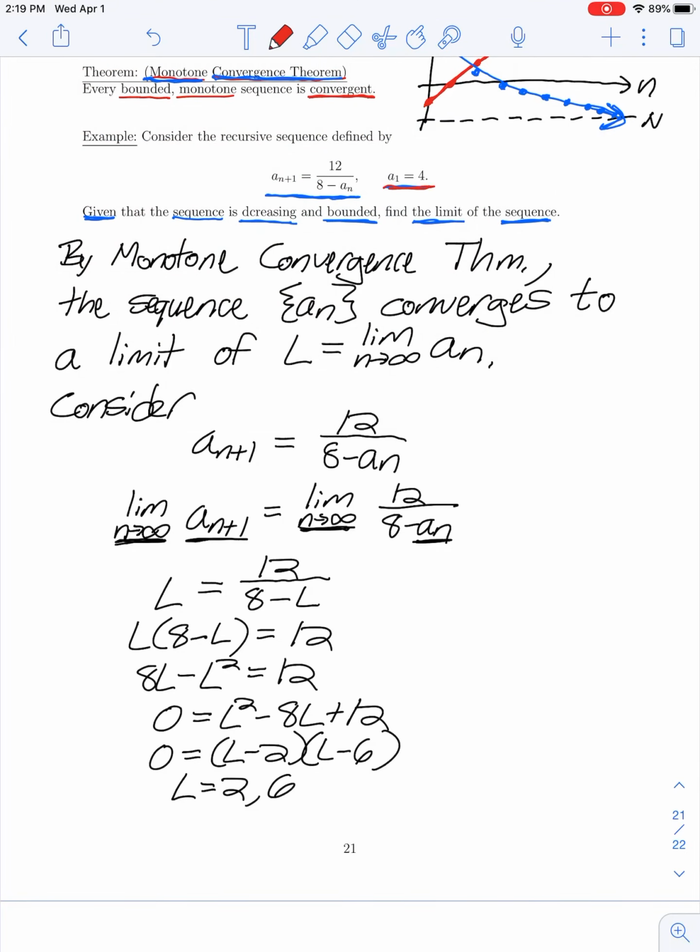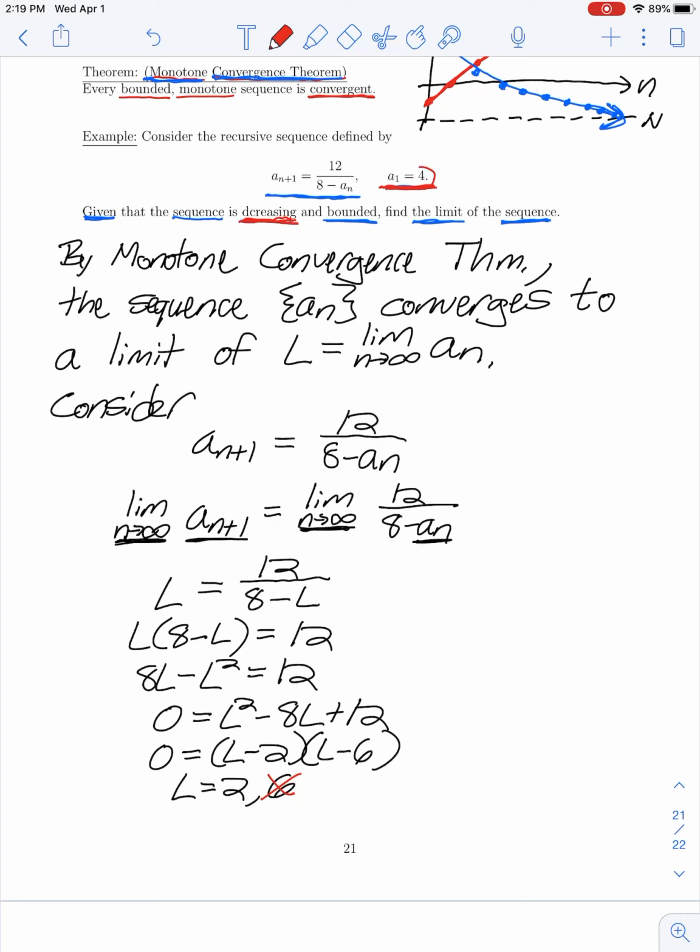And the question is, which one of these values is the limiting value of our sequence? Now, to answer that question, let's look at what we were told for this sequence. We were given our first term, a sub 1, is equal to 4, and we were given that the sequence is decreasing.